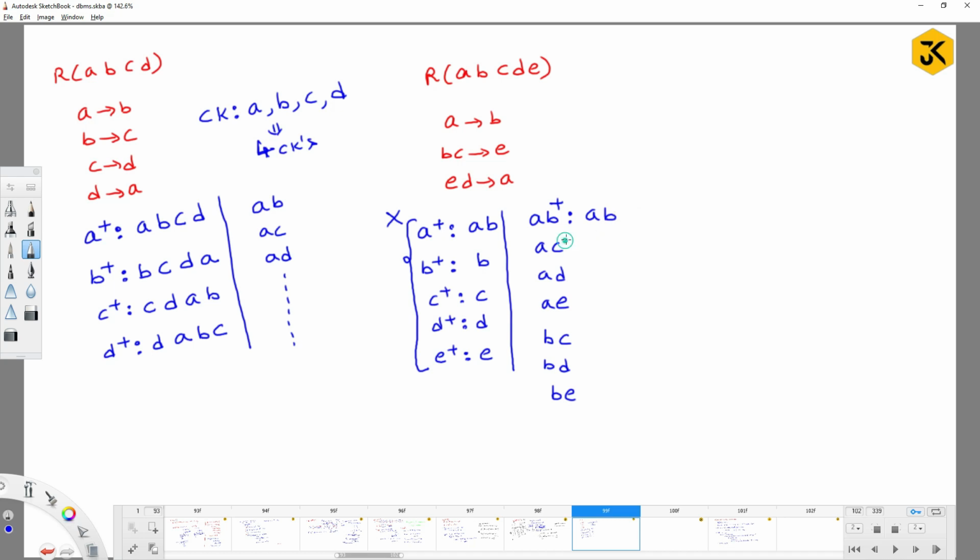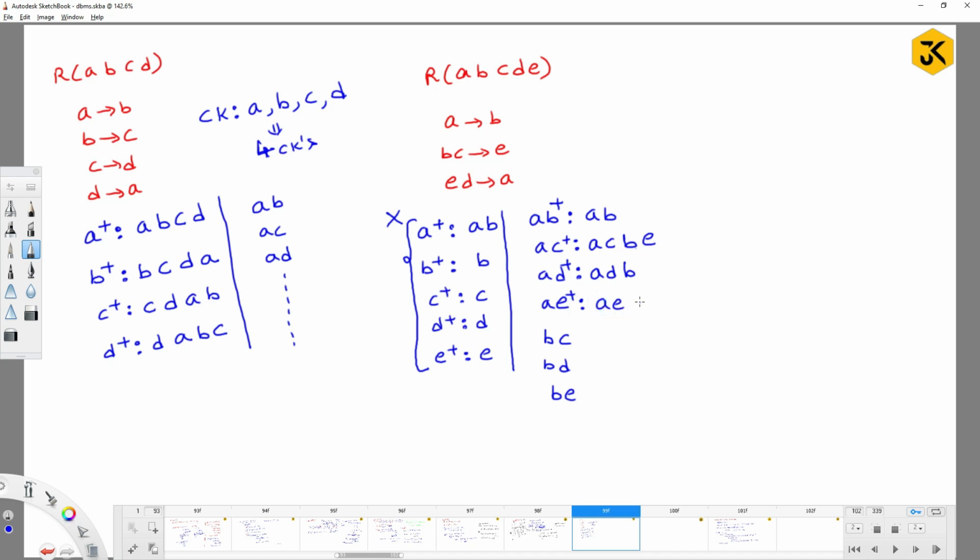Right? Similarly, AC closure, AC, from A you can get B, from B, C you can get E, and can you get any other things? No. Try to find out AD closure. AD you will get, from A you can get B, from any of these can you get any other things? No. Try to find out AE closure.